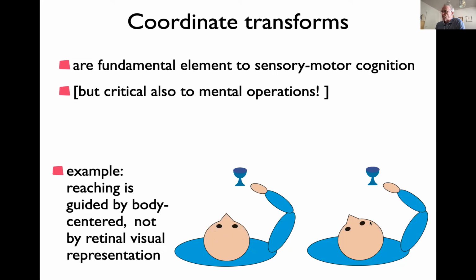So, for instance, when you look somewhere else, the sensory representation changes, but the body representation doesn't change. And so that difference says that from the visual coordinate frame, you have to establish the body coordinate frame so that it is invariant under that change of your sensor configuration. That's the challenge.